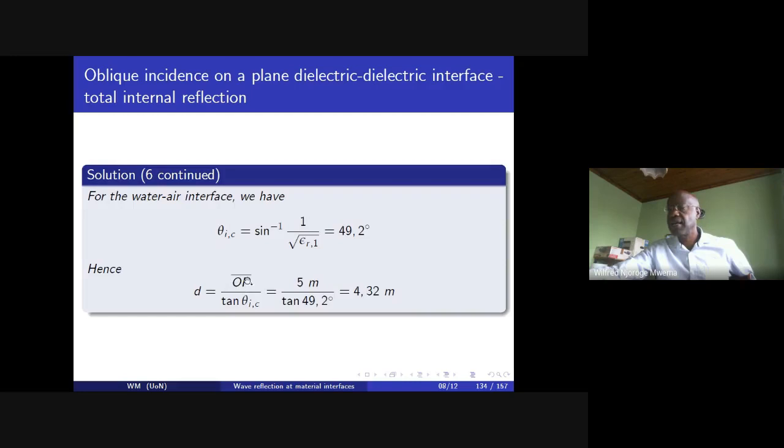This one is an error, I'll have to correct that. So it is going to be 5, the radius, divided by the tangent, because the tangent is going to be given by the radius, 5 meters, over d. So it's going to give us a value of 4.32 meters. So the source is at 4.32 meters.